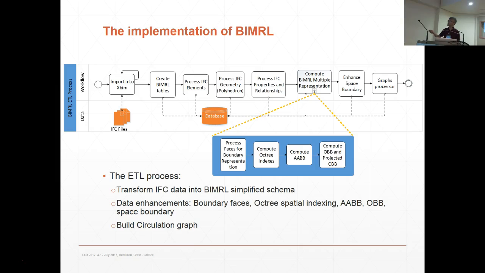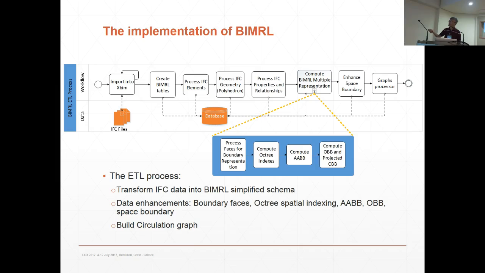Up to here, this is all explicit data. Then we do extra computations, the multiple representations computations. It consists of four steps: creating the boundary faces, creating octree indexes, computing the axis aligned bounding box, and computing the oriented bounding box.